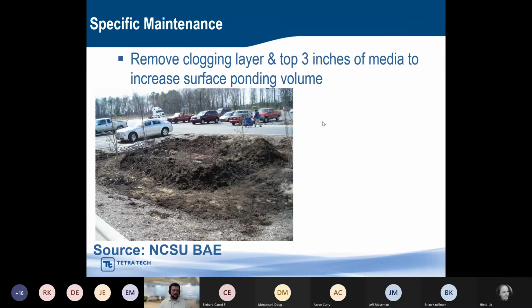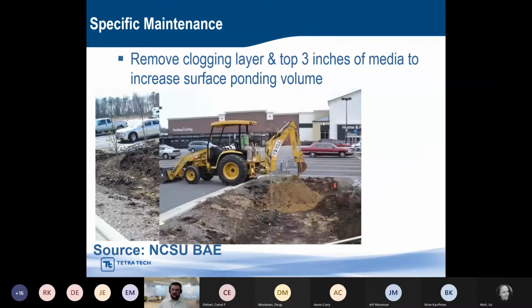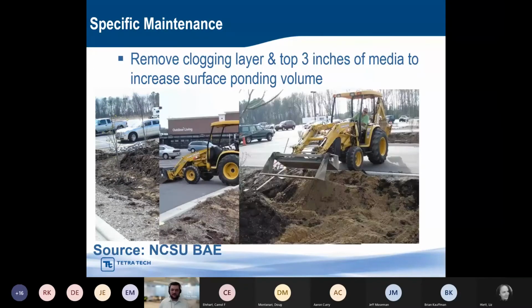We may have to go in and scoop off some of that sediment. And so that means we're scooping off that top 3 inches of media, which also means we're removing the mulch if there's mulch there, and bringing back a fresh media to restore that infiltration. And so I have some simple metrics, some simple tests that we can do that we'll talk about in just a minute. So I see we have a question here, and we'll try to answer that real quick.